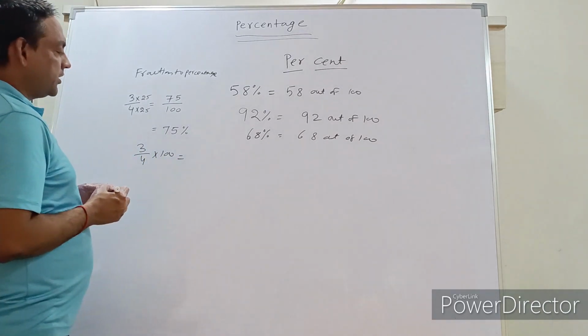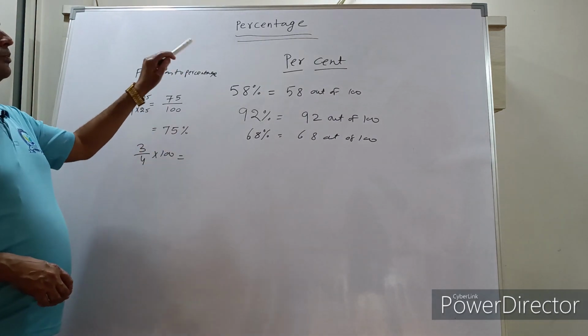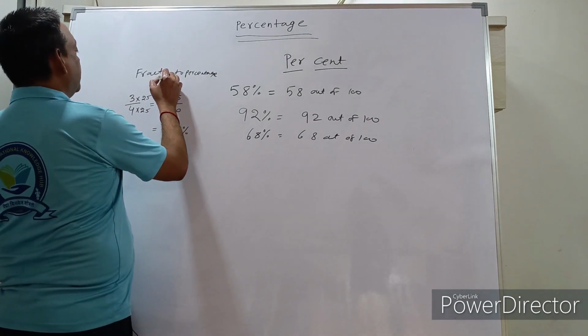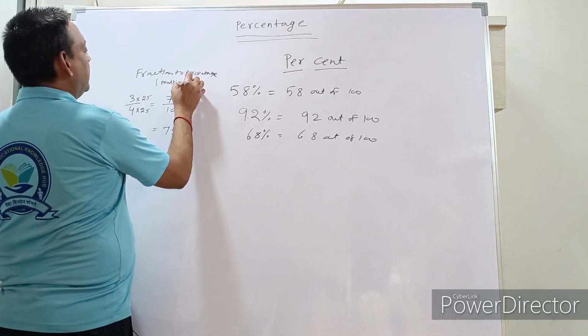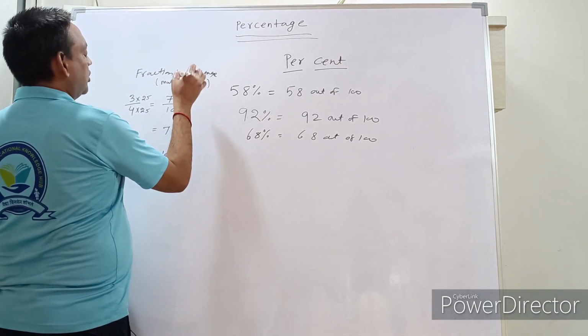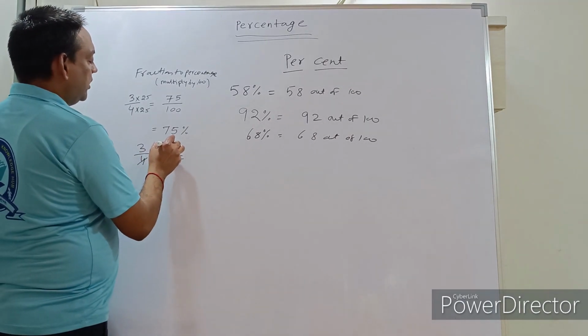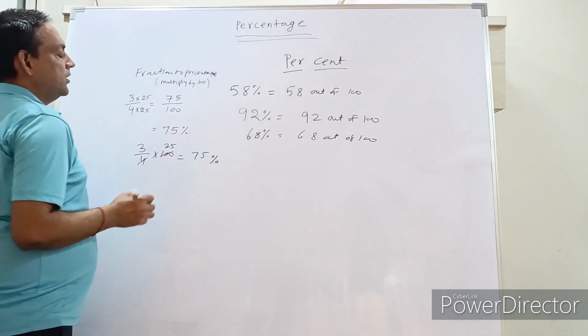To convert from fraction to percentage, we multiply by 100. So 4 1s are 4, 25s are 25, 3s are 75. So 75% is the answer.